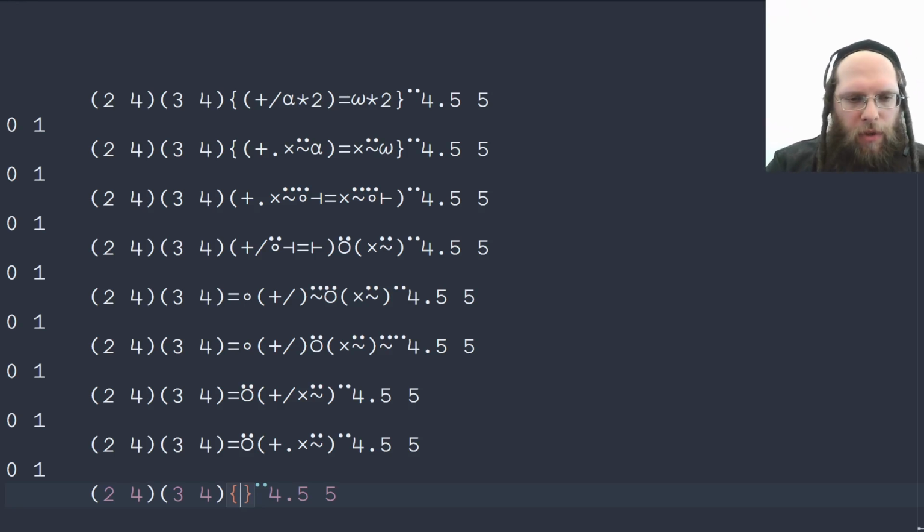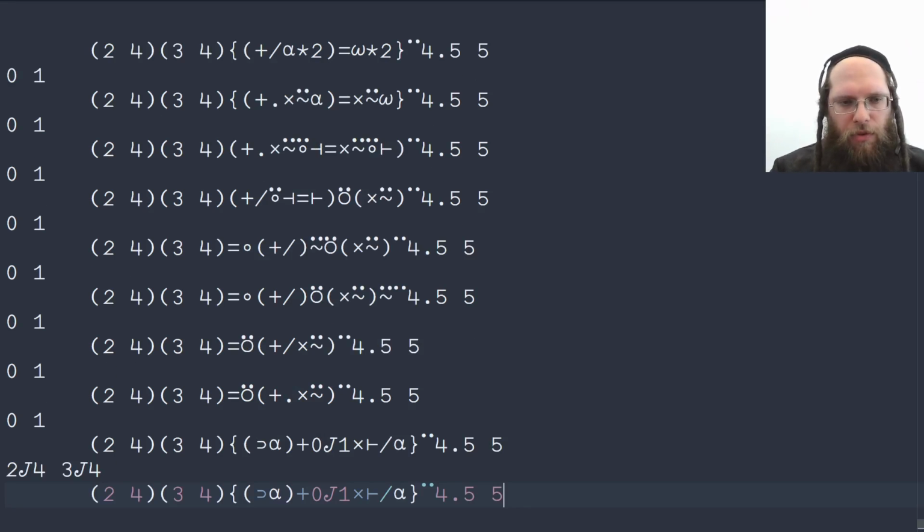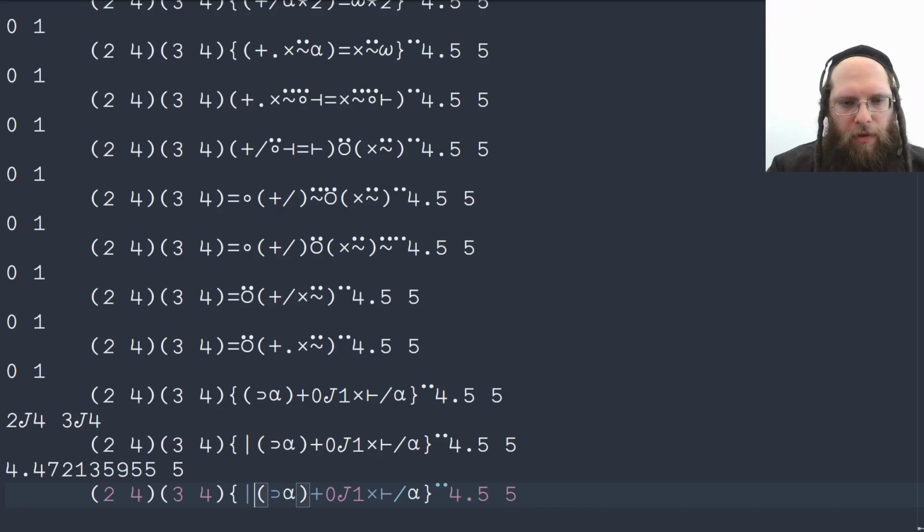So we can start off by saying the last element of the left argument, we multiply that by the imaginary unit, and then we take the first element there and add to that. So this combines the two. Now we can take the absolute value of that and compare it to the right argument.